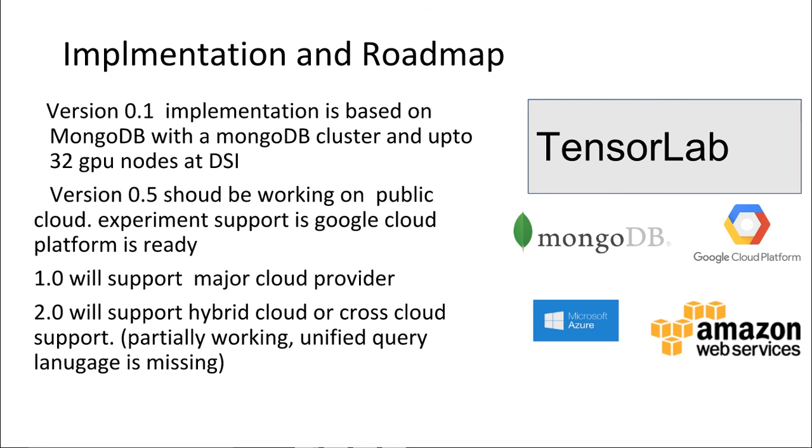We hope that the final release will support all the major cloud providers. And for the 0.20 version, we expect to support hybrid cloud. This means you can put part of your data locally, part of your data on a cloud, or across different cloud providers.